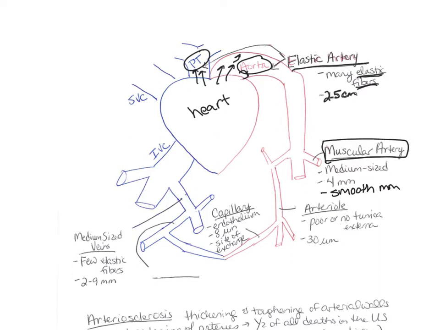Then those muscular arteries divide, and as they divide, they become smaller, and those smaller blood vessels are called arterioles. Arterioles are smaller than the muscular arteries. They have about 1 to 3 layers of smooth muscle cells, and they have poor or even no tunica externa, so all you really see on the outside of these blood vessels is that smooth muscle.